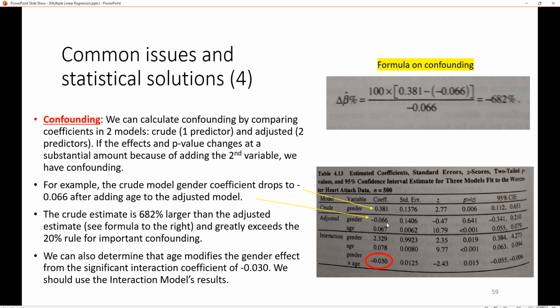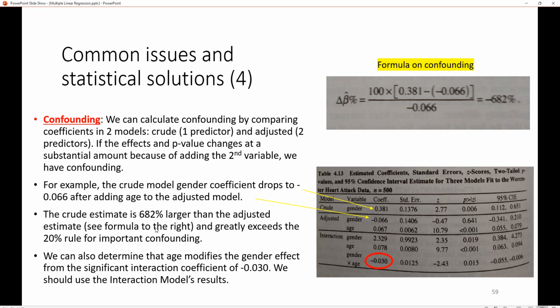So that's a big change, to go from having a positive effect that was significant to having a negative or equivalent to zero effect by adding in age. So we know age is a confounder if it has that big of an effect.